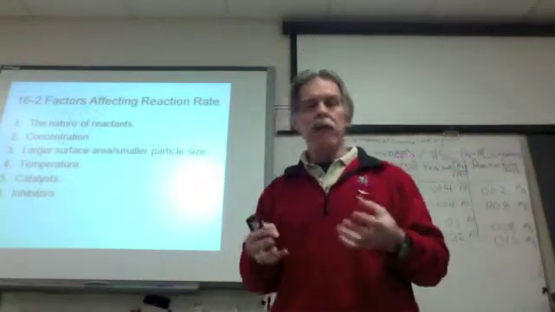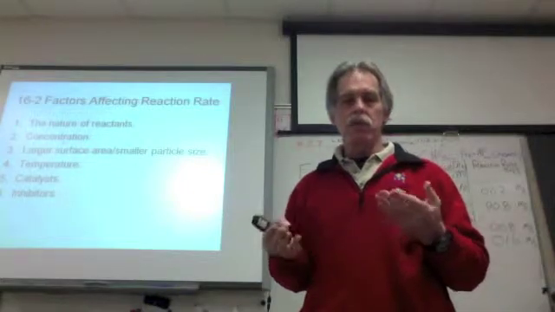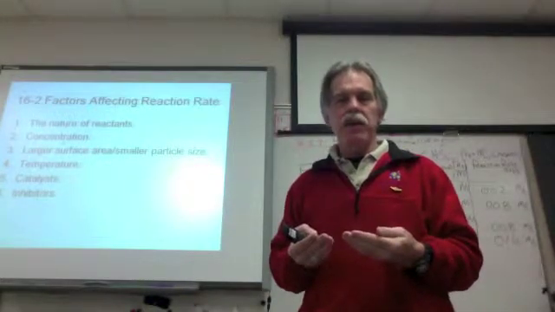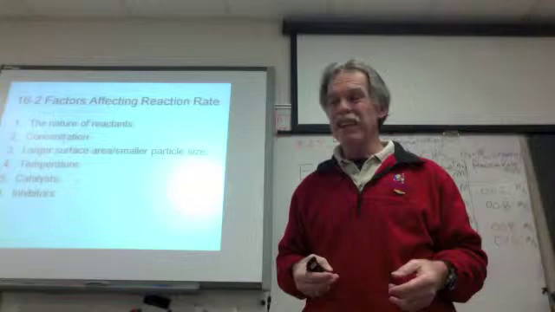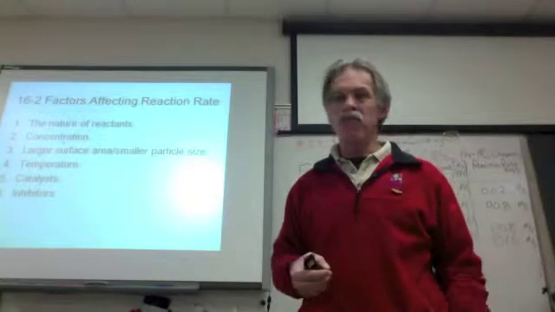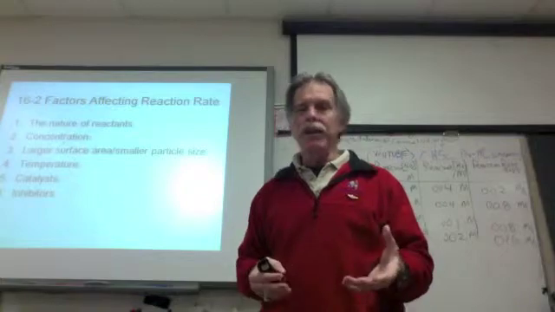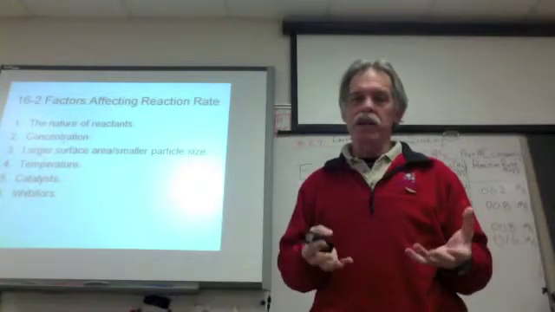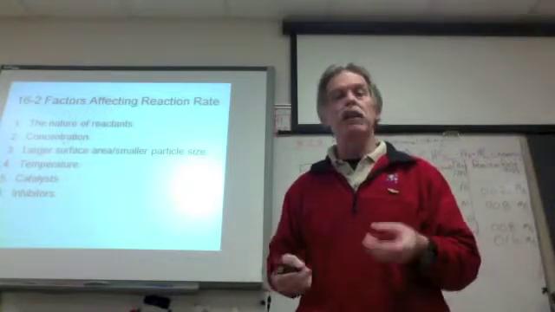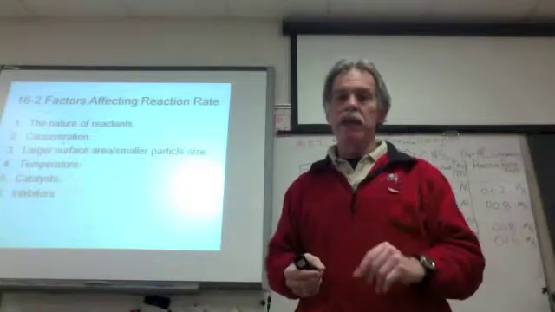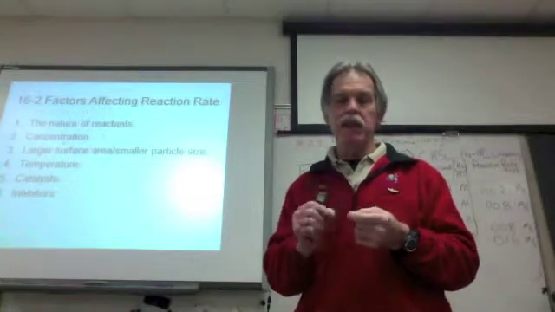So if you have two reactants that don't react well together, then of course it's going to be a slow reaction rate. Example might be trying to light fire to water or trying to light wet wood. The nature of the wood, it's wet, it's not going to react very fast. Dry wood, different matter, especially if you have small pieces of it.